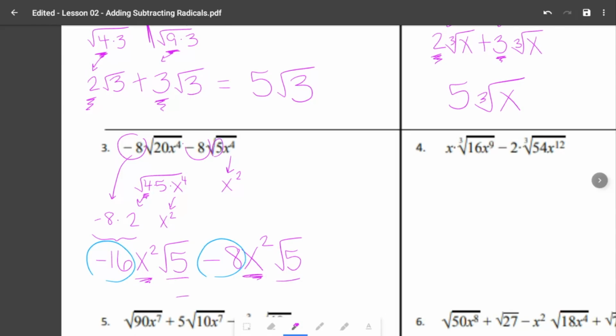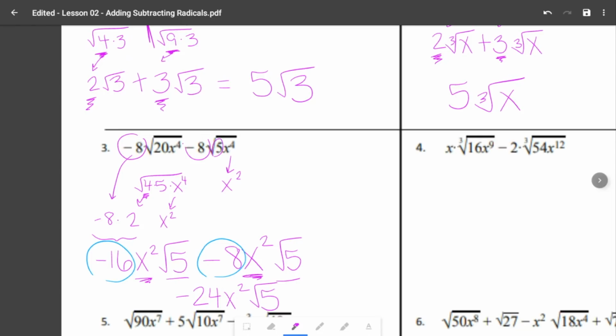So we should get a -24 x squared radical 5 as our final answer. Just like the radicals remain unchanged, similar to how we did in the Do Now question A, the x's and their exponents remain unchanged. The only thing we are doing here is combining those leading coefficients.